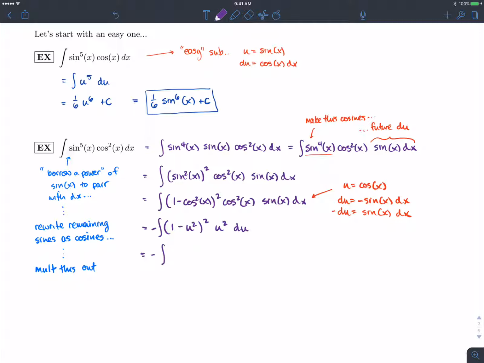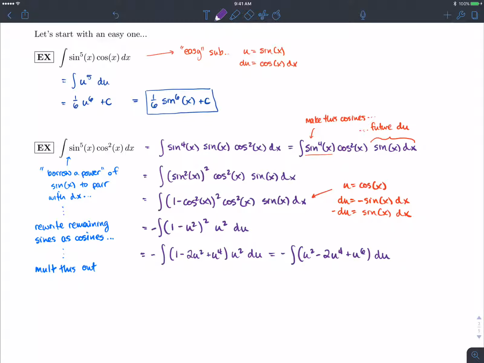If we have 1 minus u squared times 1 minus u squared, that's going to give us 1 minus 2u squared plus u to the power of 4. We still have that u squared out on the outside waiting to come in. So if we distribute that, we're going to have u squared minus 2u to the 4th plus u to the 6th du.